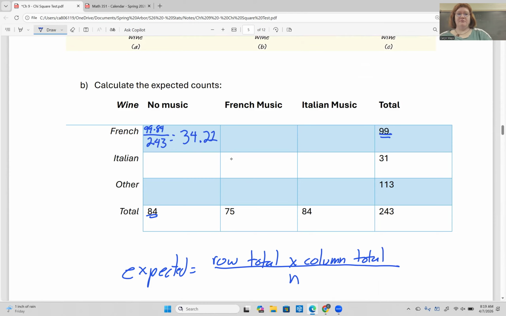It's still 99 times 84 over 243, so this is going to be 34.22. How would I calculate the French music one, the one in the middle that I skipped over? 75 times 99. Yeah, row times column over 243, and it should be 30.55.